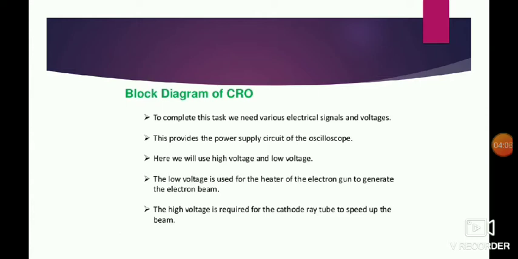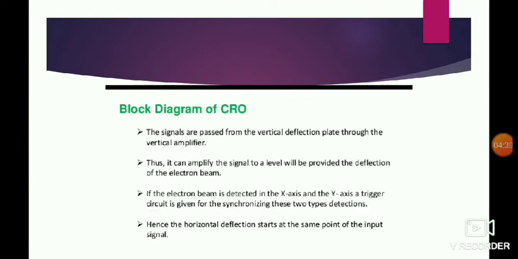The low voltage is used for the heater of the electron gun to generate the electron beam. The high voltage is required for the oscilloscope cathode ray tube to speed up the beam. The signal passes to the vertical deflection plate through the vertical amplifier.